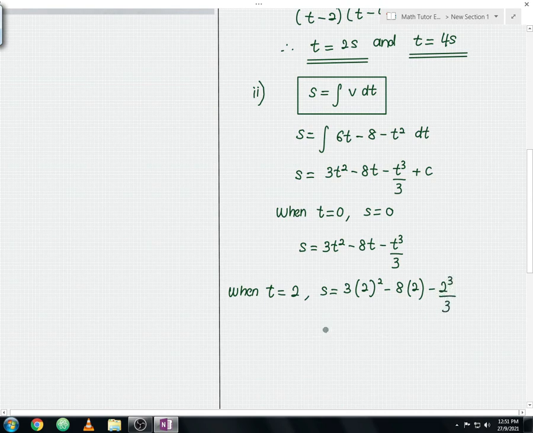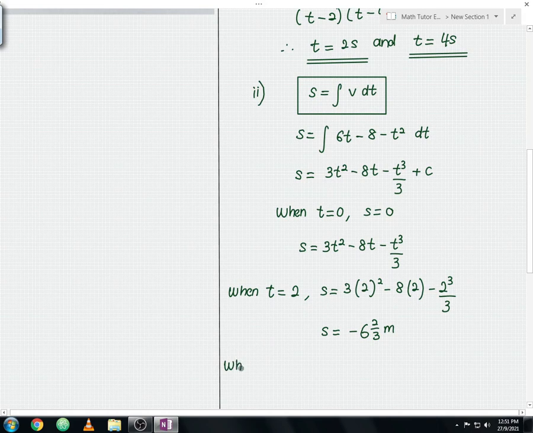So you calculate this, you should get your displacement is equals to negative 6 2/3 meter.